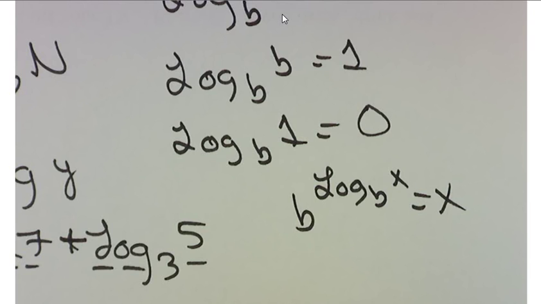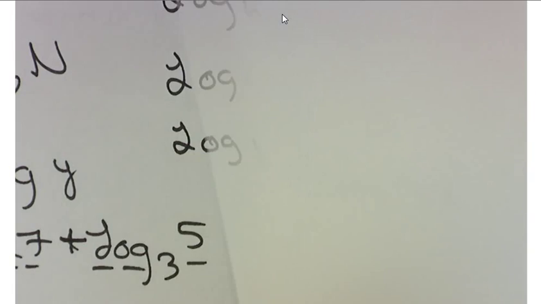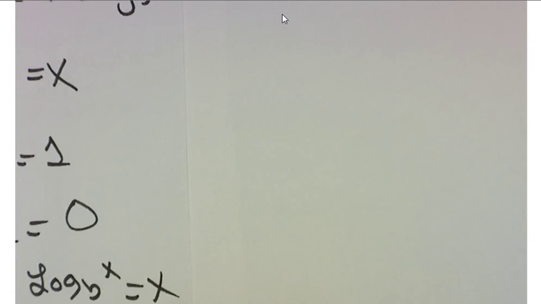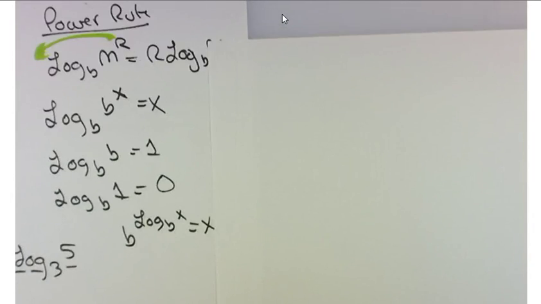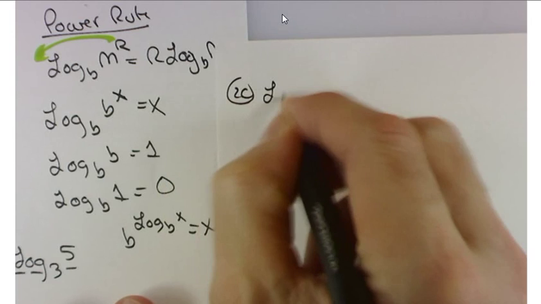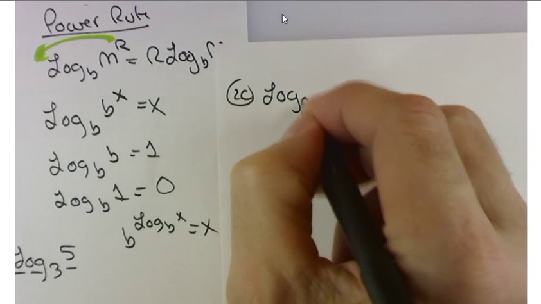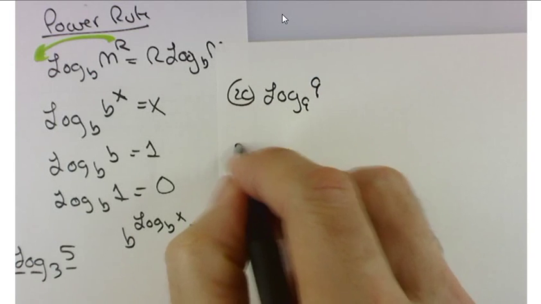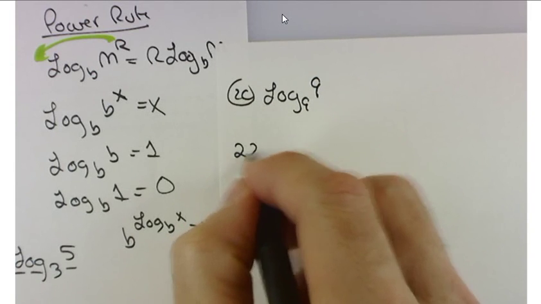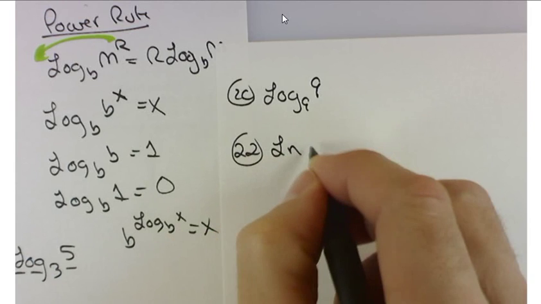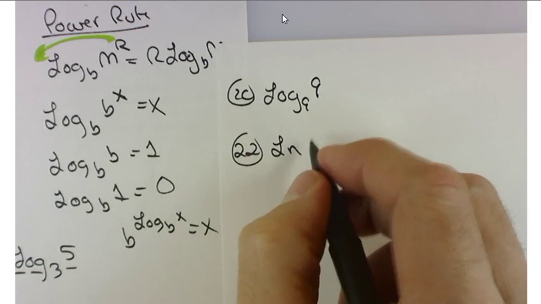First one would be number 20. So let me see if I can keep this straight. So the log base 9 of 9. Problem number 22 is the ln of e to the 8th.